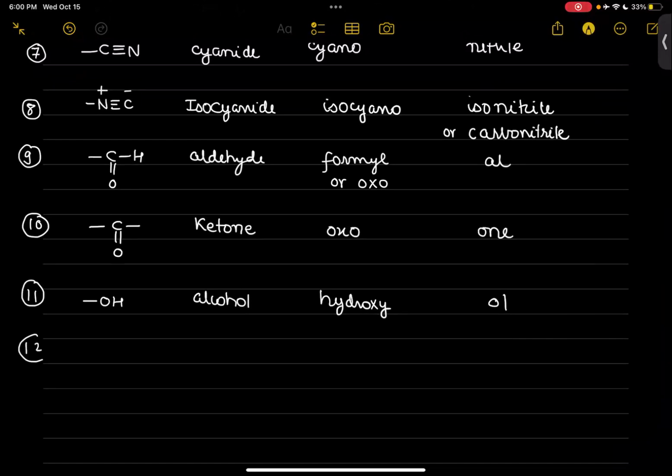Then you need to first remember these suffixes. That is the first priority. Suffix is the first priority. Just like alcohol, this is thiol. Not very common. You will not see many questions on it.